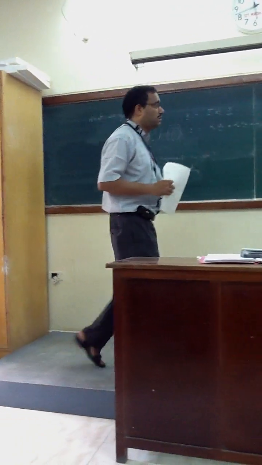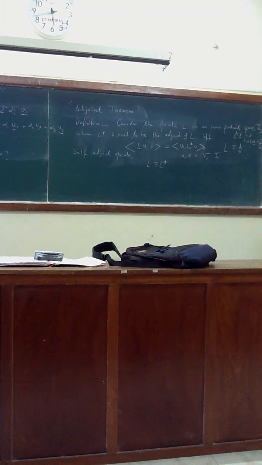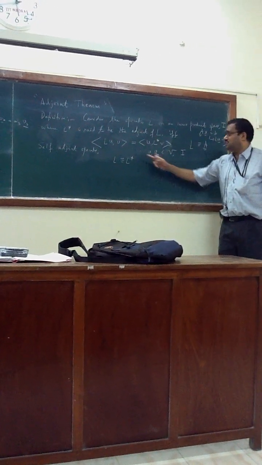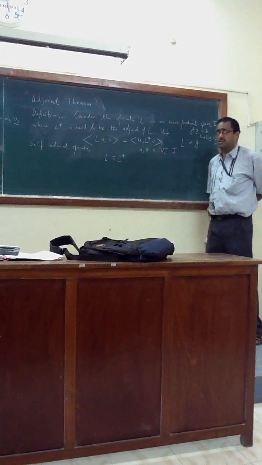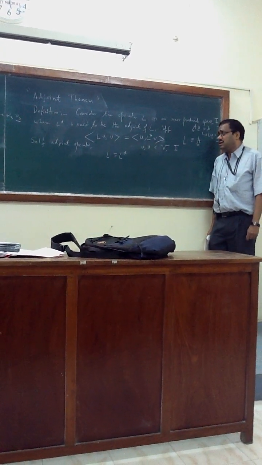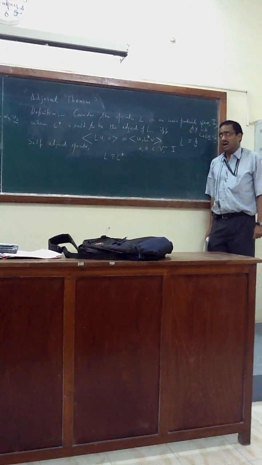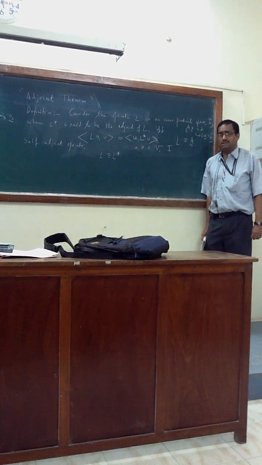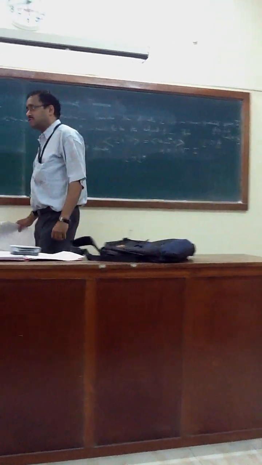When you say symmetric matrix, it has to satisfy the condition inner product of LU and V equals inner product of U and L star V, and if L equals L star, then it can be self-adjoint. If U and V belong to the real field, then L is nothing but a real symmetric matrix.